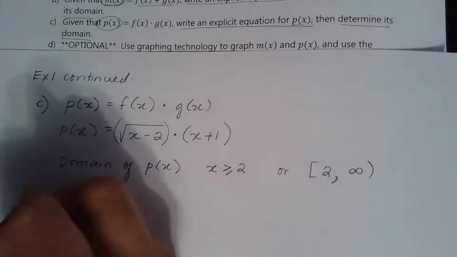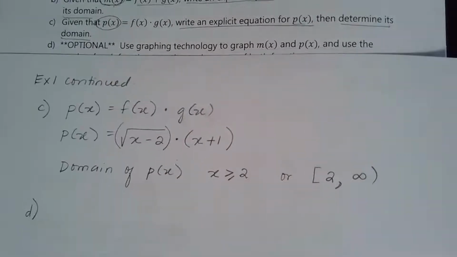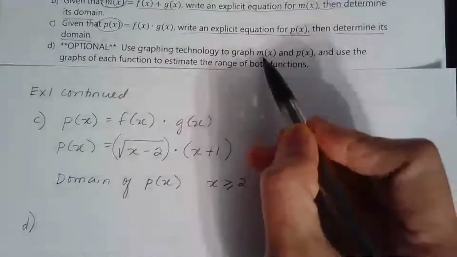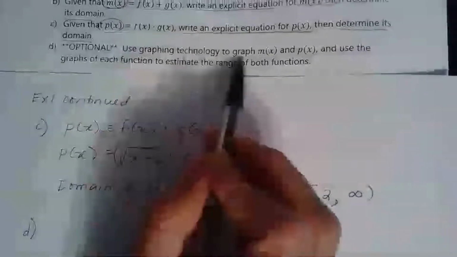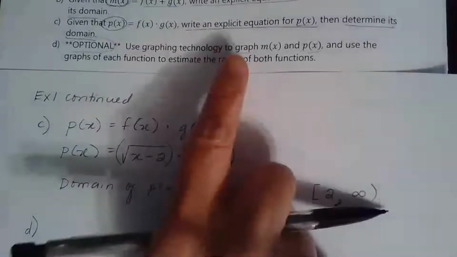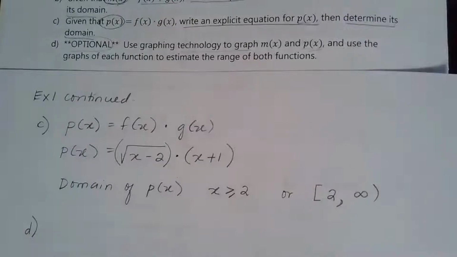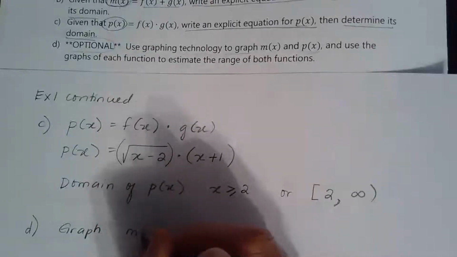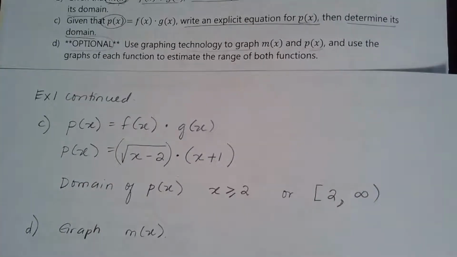Now let's take a look at letter D. It says optional. It says using graphing technology to graph M. Now it says here, using graphing technology. We're going to try to see if we could graph that by hand, because I think we know how, right? Graph those two functions. So graphing M of x.